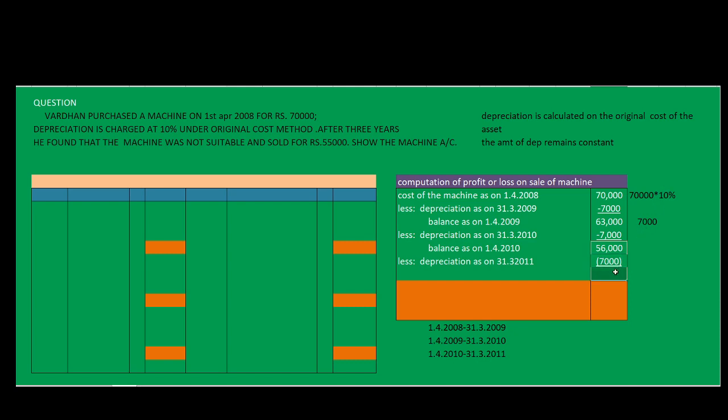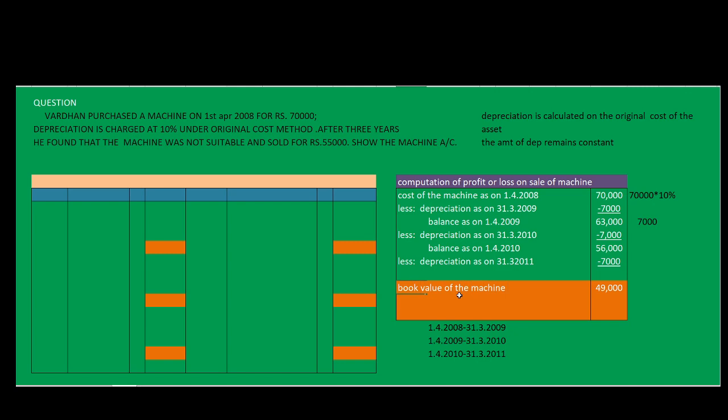Let us deduct this amount so that we will get a balance. After completion of 3 financial years, after utilizing that particular machine for 3 consecutive years, the balance which is left with us is called the book value of the machine.